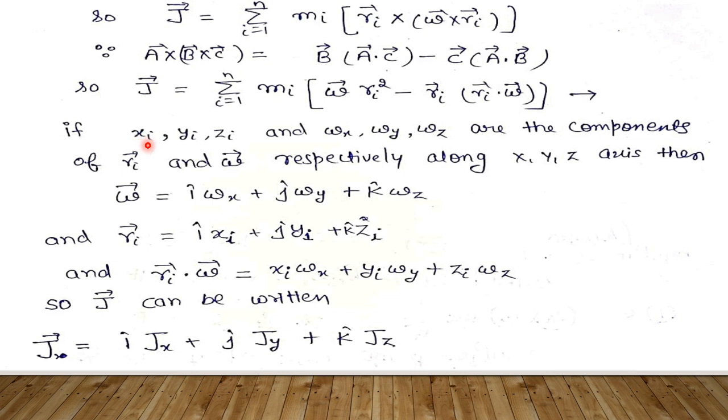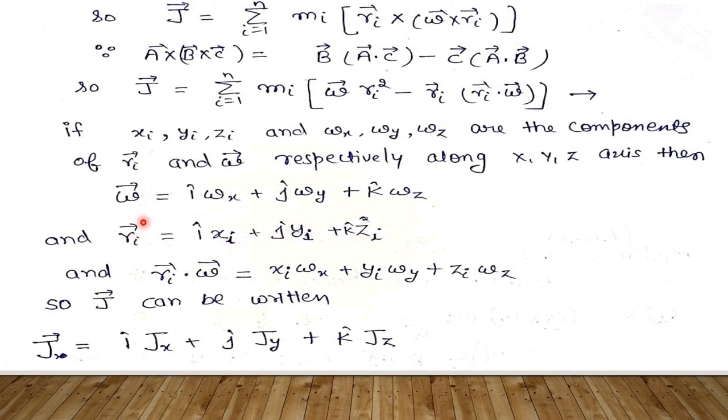If x_i, y_i and z_i are the components of r_i, and omega_x, omega_y and omega_z are the components of omega, then omega equals i cap omega_x plus j cap omega_y plus k cap omega_z, and also r_i equals i cap x_i plus j cap y_i plus k cap z_i.